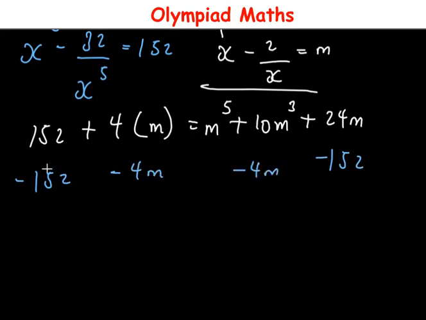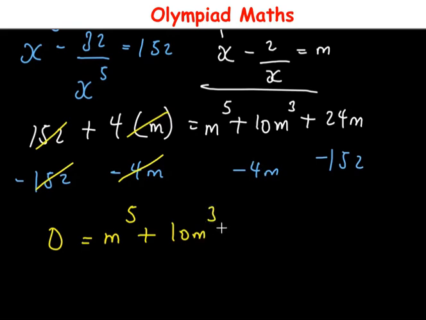And if we do this, this cancels this, and this cancels this. We have 0 equals m raised to power 5 plus, now, 10m³, then plus 24m minus 4m will give us plus 20m, then minus 152.